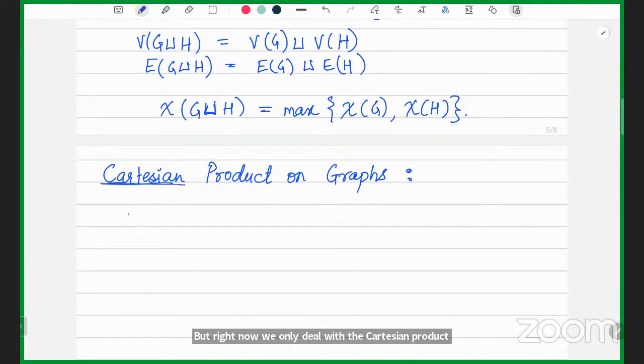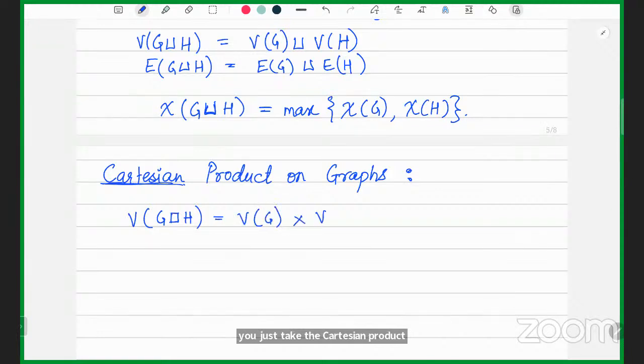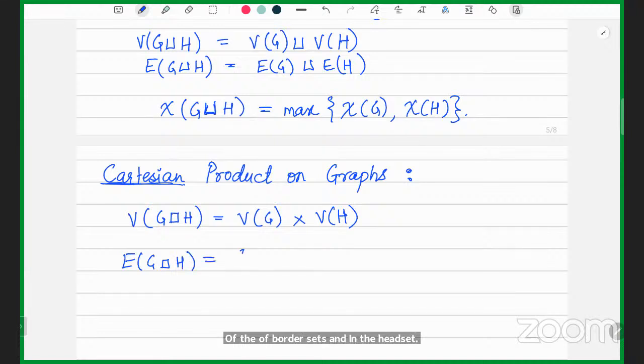What you do here is that given two graphs, for the vertex set, you just take the Cartesian product of the vertices of both the sets, and in the edge set, you say some G H, G prime, H prime.